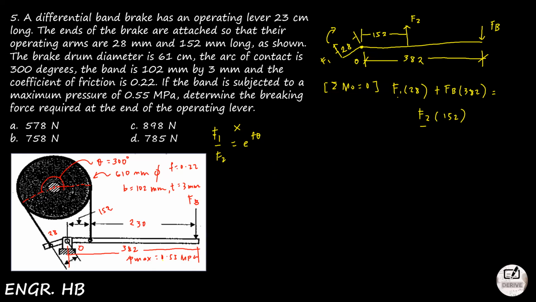Remember guys that we have the Pmax as the maximum pressure of the band. So, that was 2F1 over diameter times width. And we can get that 0.55 is equal to 2F1 times diameter, which is 610 times the 102.